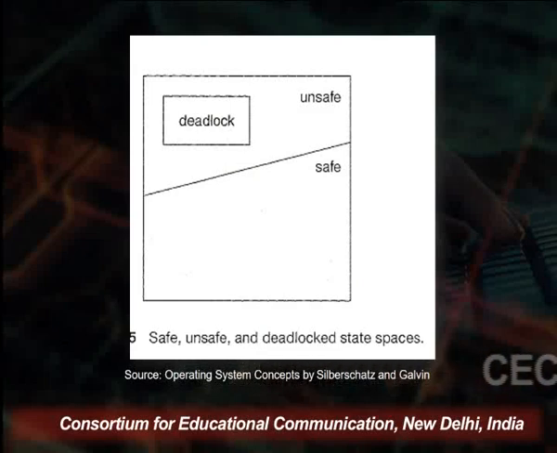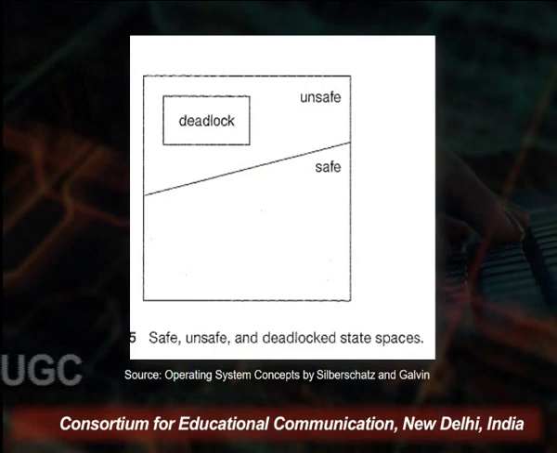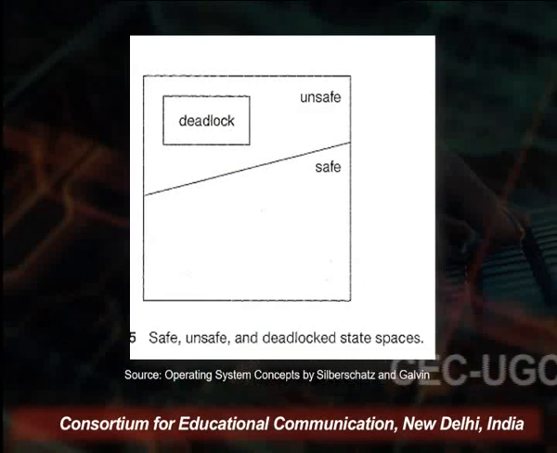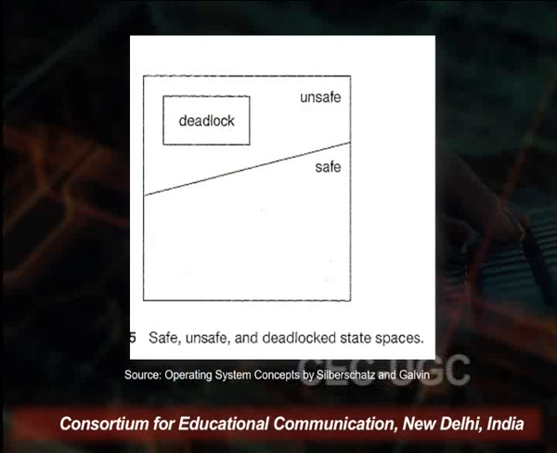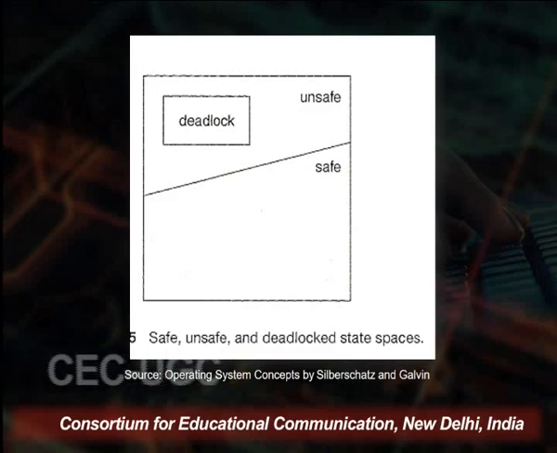So before allocation, if we want to avoid deadlock, we need to be very sure that the system remains in a safe state even after allocation of the requested resources. If it goes into an unsafe state, then it may enter into a deadlock state also.